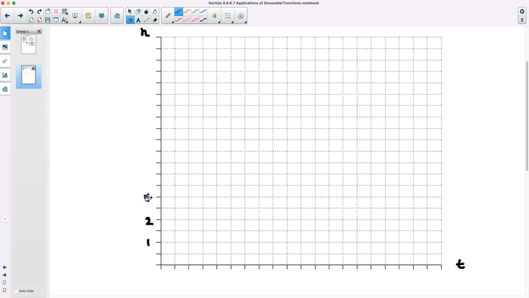So we have 1, 2, 3, 4, 5, 6, 7, 8, 9, and the top one is 10. For each of these here, each of these is going to represent 5. So we're going to skip this. This is going to be 10, 20, 30, 40, 50, 60, 70, 80, 90, and 100.